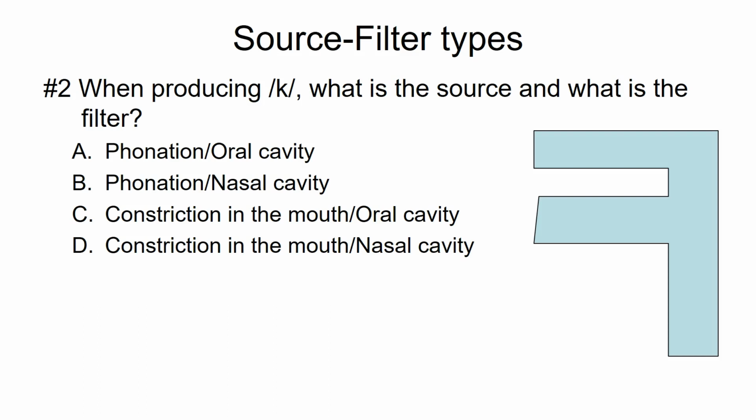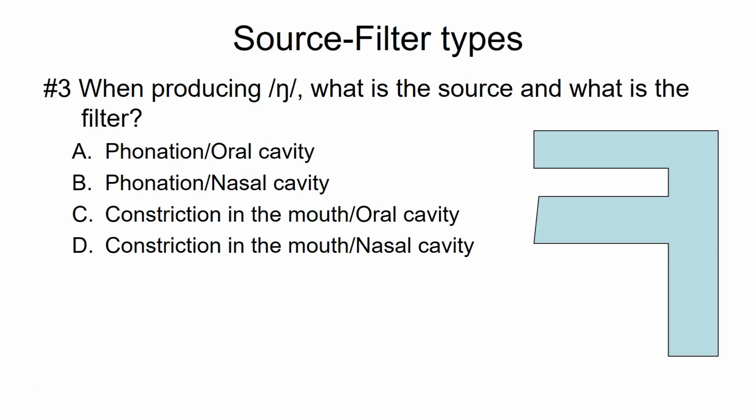The filter resonator for that sound is the oral cavity, wherever that sound is made. From that point forward to the lips is the resonating space that shapes it. So for our standard consonant type sounds, our combination of source and filter is constriction in the mouth and filter in the oral cavity.